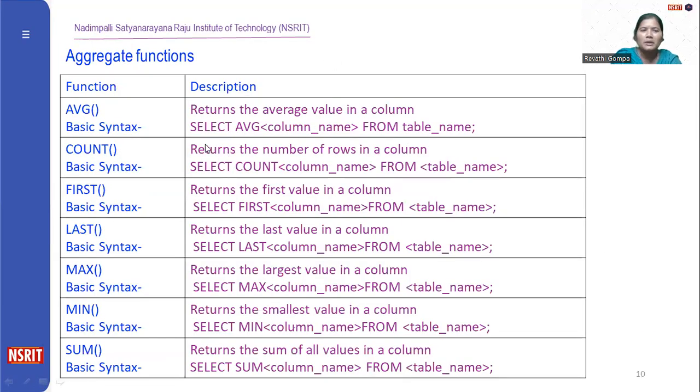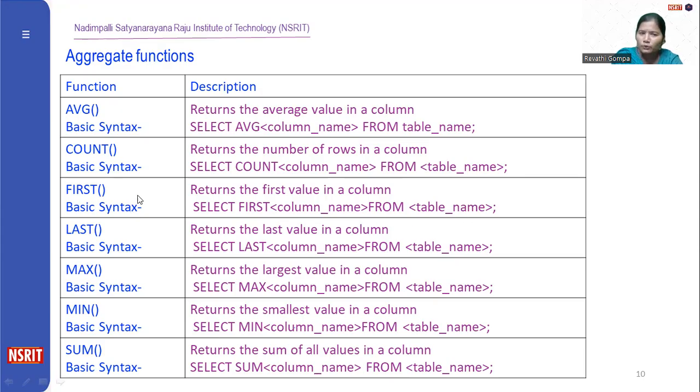This is the description of all the functions we have used. Average returns the average value in a column, and count returns the number of rows in a column. First returns the first value from the selected column; the syntax is select first column name from table name.